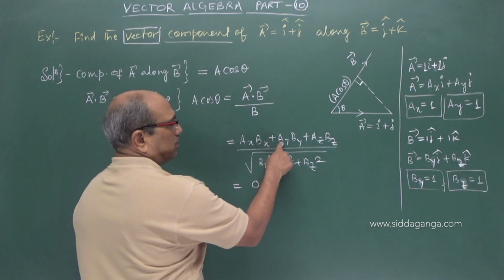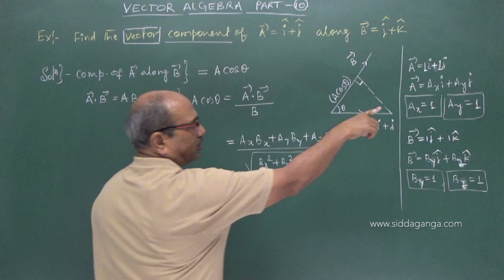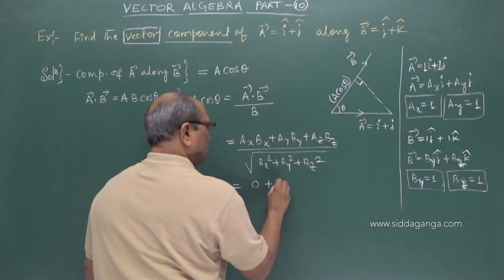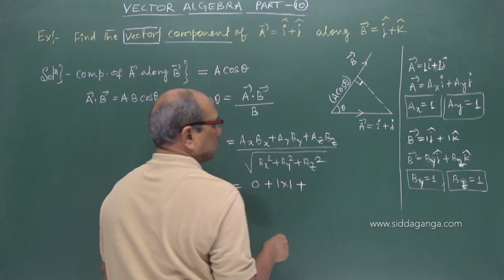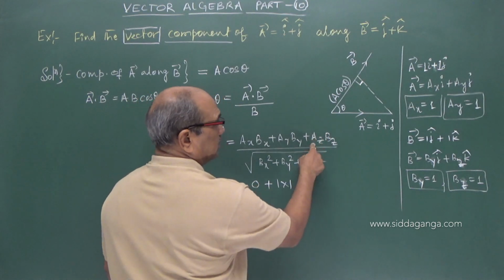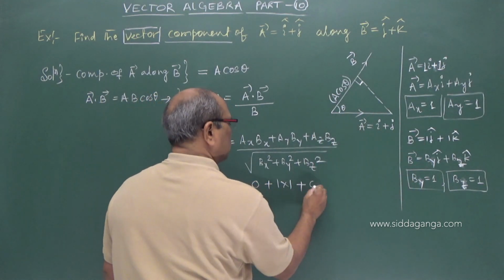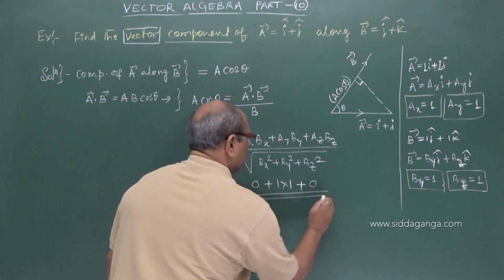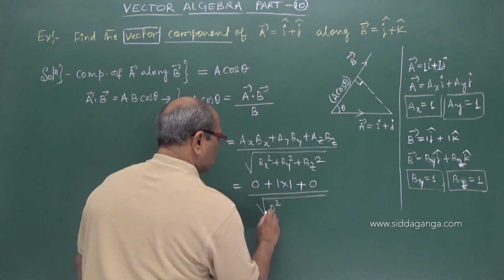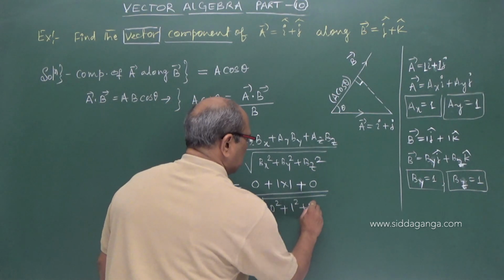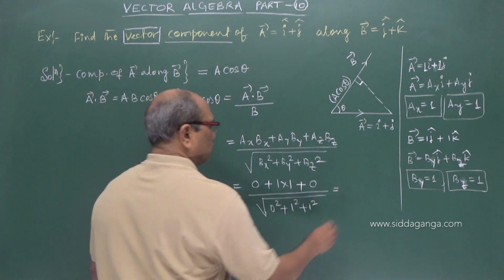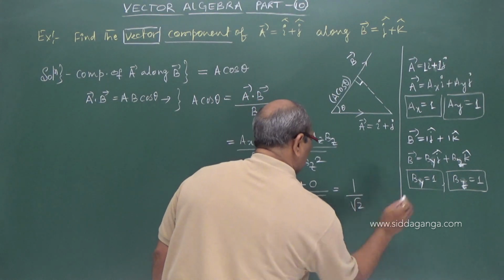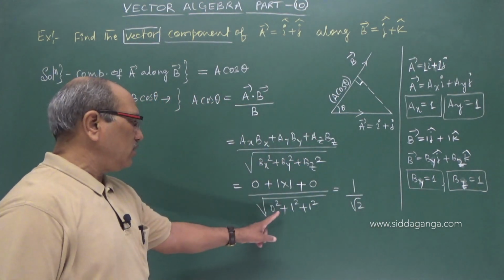Plus AY, BY exist; AY is 1, BY is 1, so 1 into 1. Plus AZ, BZ: AZ is absent, BZ is present, 0. Divided by root of 0 square plus 1 square plus 1 square. You got 1 by root 2.